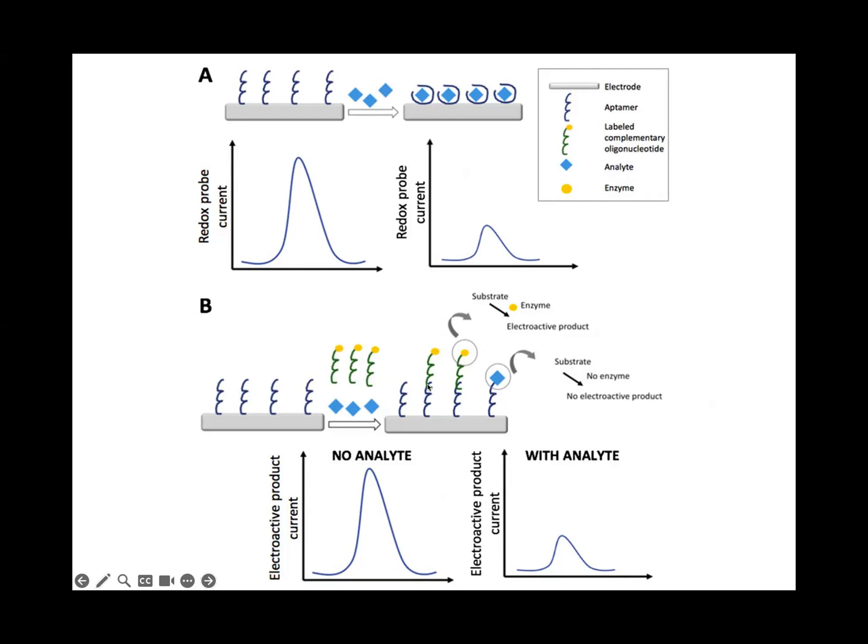We can see that the enzyme is electrochemically active, so we can have a difference in reading with no analyte, meaning no blue here, or with analyte, with this blue here.